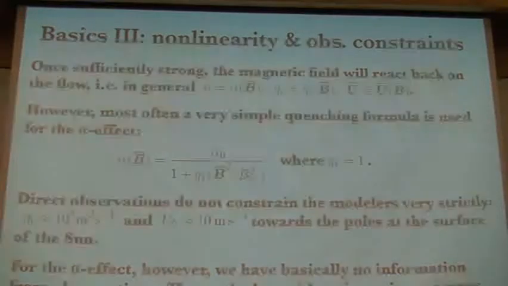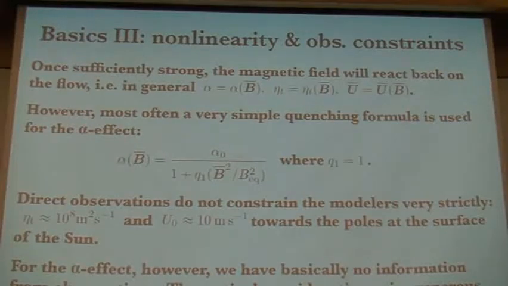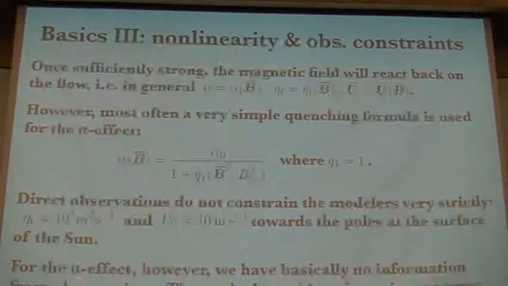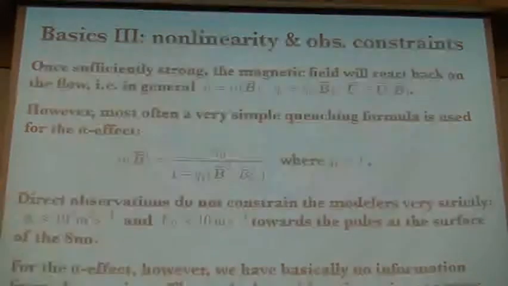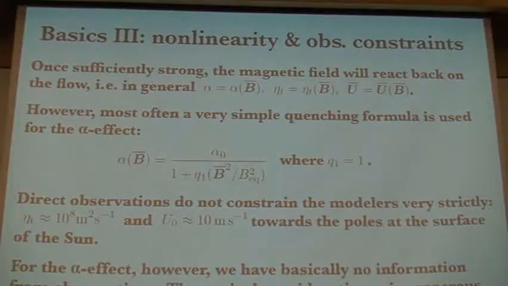And we have absolutely no idea, well, we do have some idea, but we cannot really confirm this with observations, what is happening deeper down. And then for the alpha effect, we have very little information from observations. We can't really look in a telescope, look at the Sun and see what the alpha effect is.